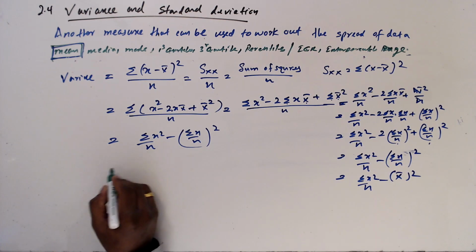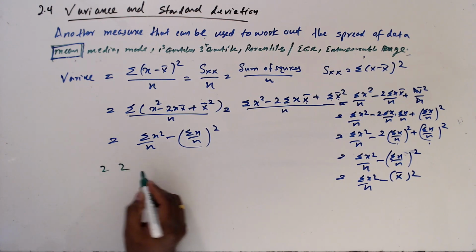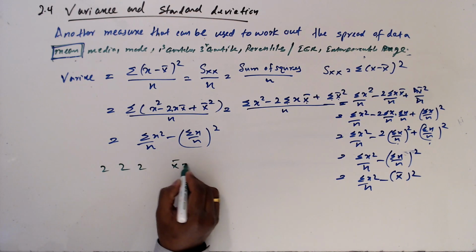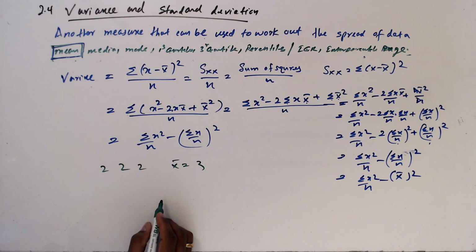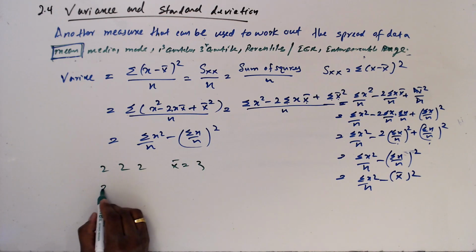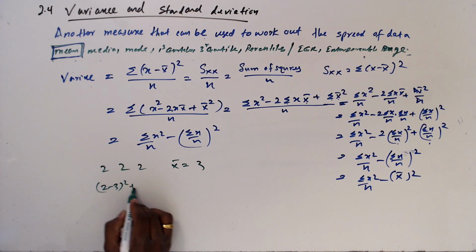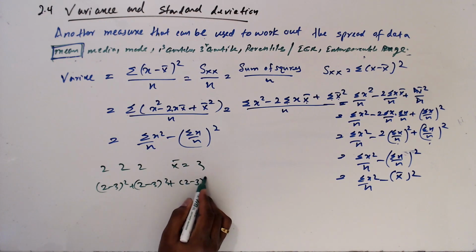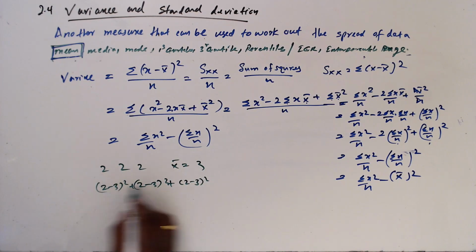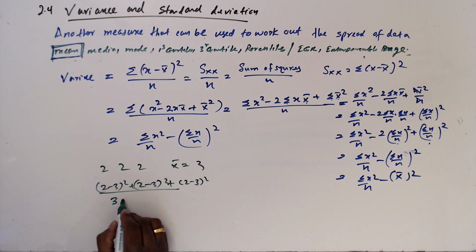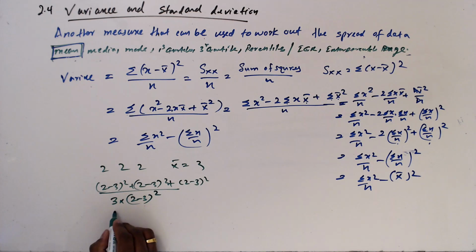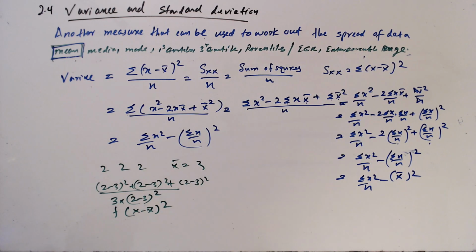Now assume we discuss data that's 2, 2, 2 and then x bar equals 3. Then we write 2 minus 3 square plus 2 minus 3 square plus 2 minus 3 square. Instead of that, it is easier to write 3 times 2 minus 3 square. It means f times x minus x bar square.